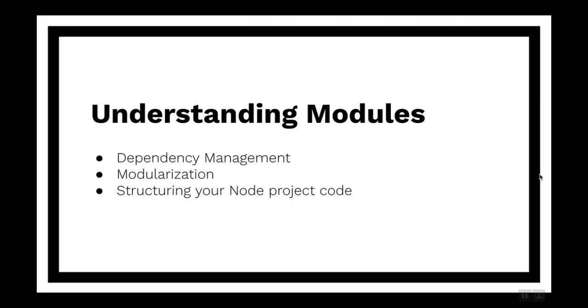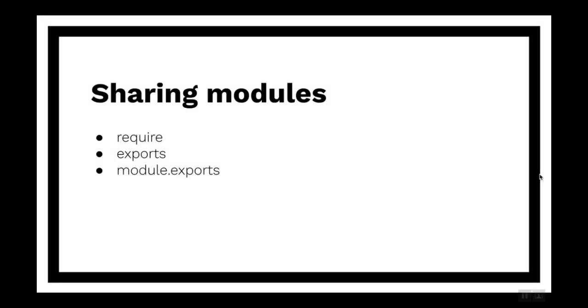For example, if you're building a RESTful application, I'll have the routes directory, which will have the modules that handle all my routes, or a services directory, which will have service modules, and so on. We'll utilize this structure when we work on our projects later in this course. But let's talk about sharing modules first. Now, what good is creating modules if we are not going to use them later?